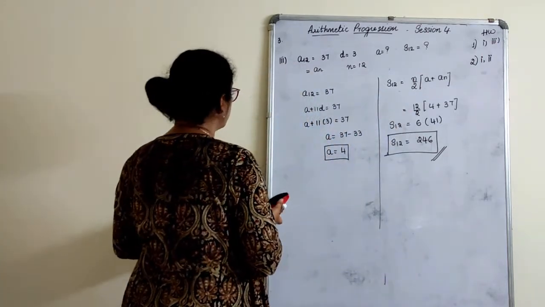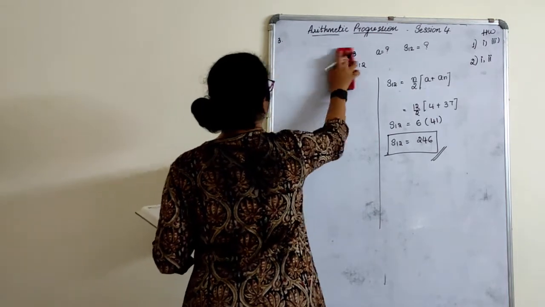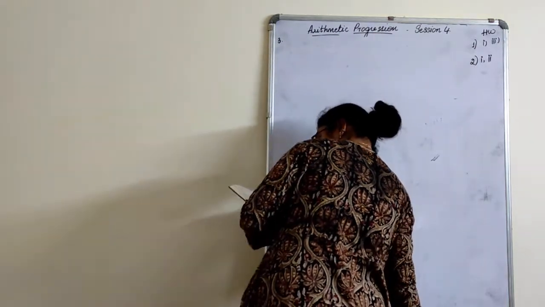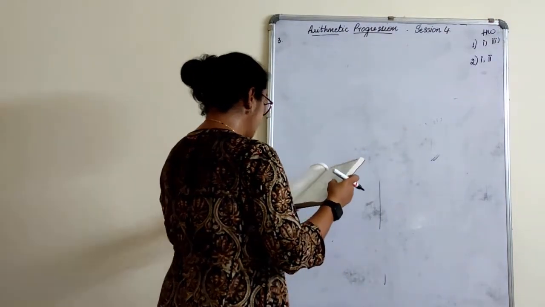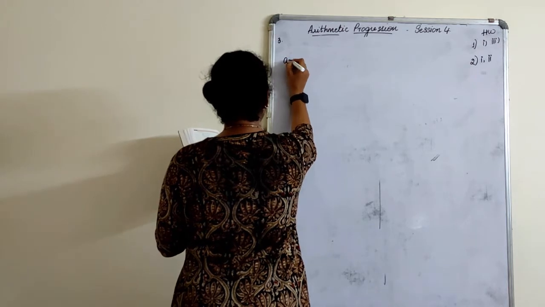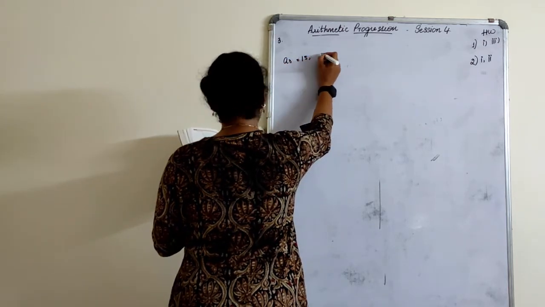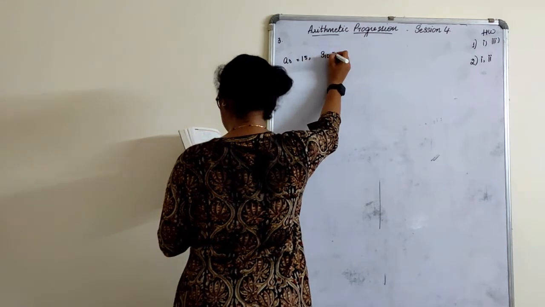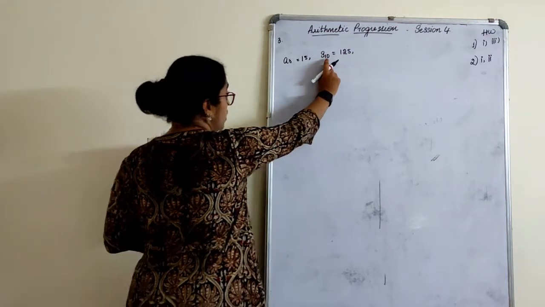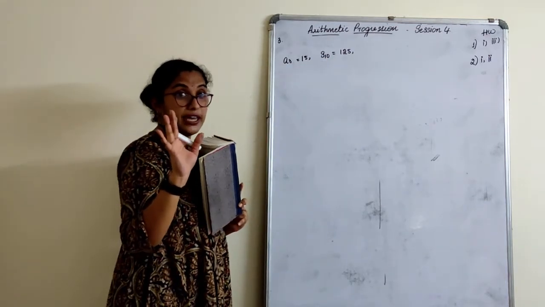Let's quickly start with the fourth one. What have they given? A3 is given as 15. S10 is given as 125. Now see here. When they have given A3 and S10, it cannot be the last term. It is different.